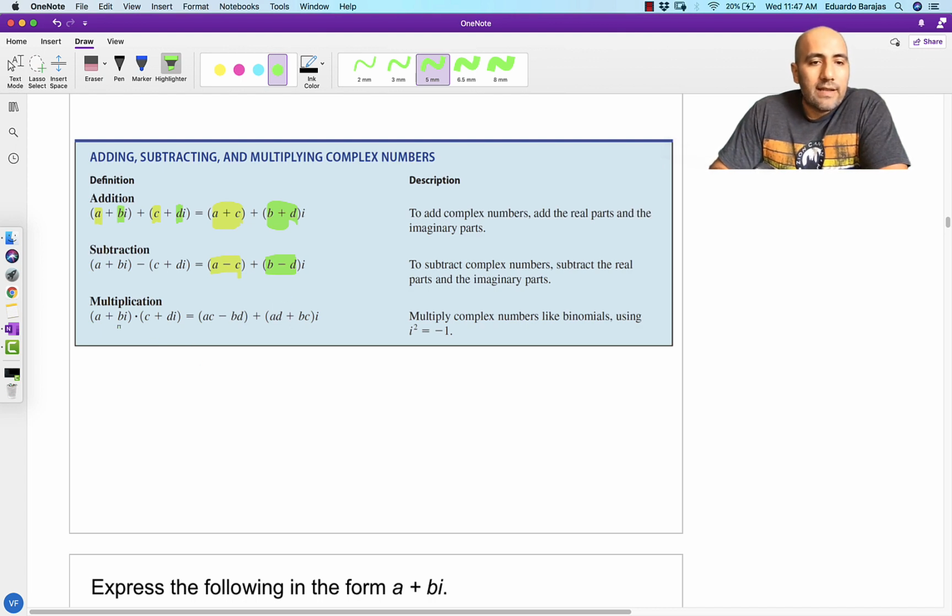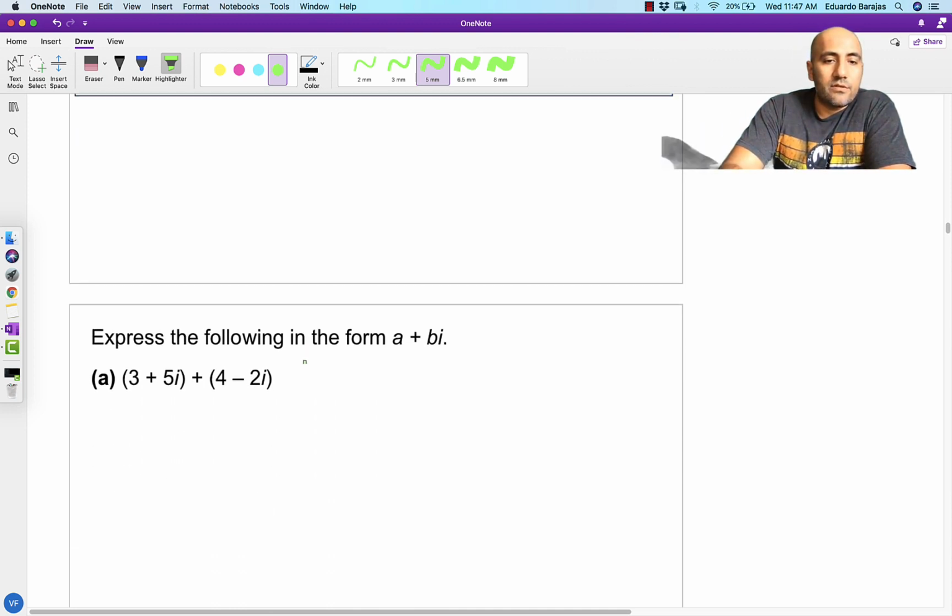Good. Now this is the one we calculated. We distribute, FOIL, combine like terms, and we see that this ends up being the real part of my complex number solution. And whatever this calculates to ends up being the imaginary part of my complex number solution. Okay, let's do some examples.